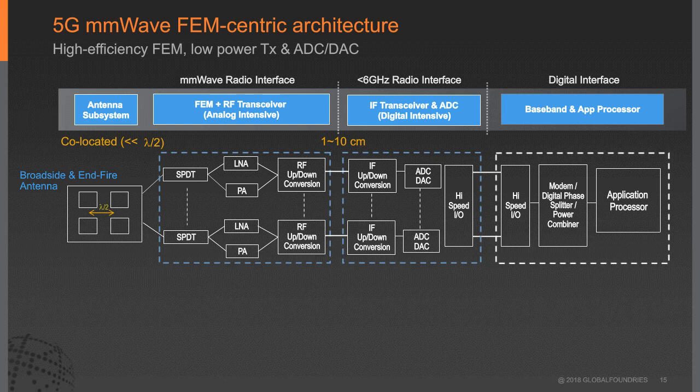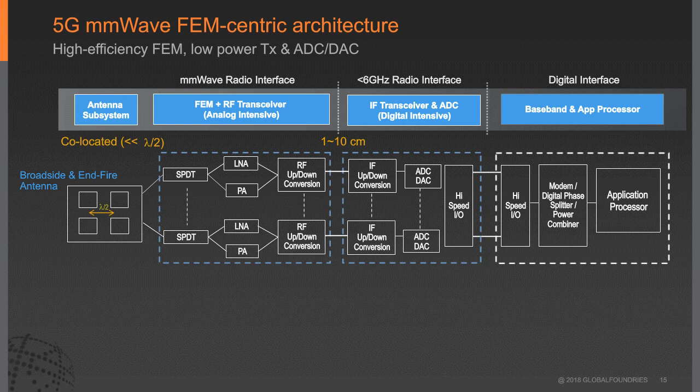As you can see, you have multiple ADCs and DACs, and multiple RF up and down converters. In analog beamforming, you would only have one ADC and DAC and one up and down converter. So that's one way to differentiate between analog and digital beamforming. In addition, your conversion is all happening in analog domain at RF for phase shifting, and in digital, it's all done using digital phase shifting at baseband.